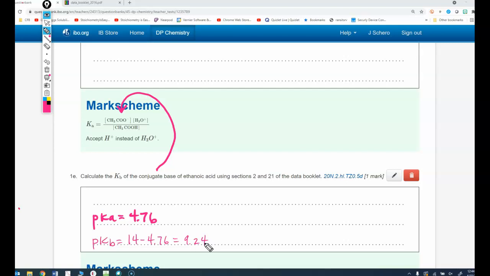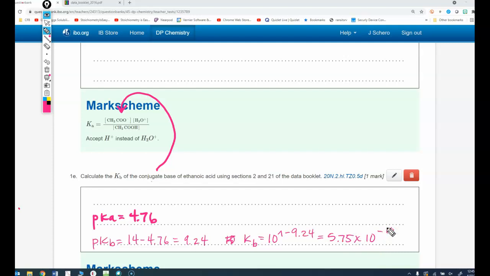Then we can find the Kb by taking 10 raised to the negative pKb, in this case 9.24. When we do that math, 10 raised to the negative 9.24, we get 5.75 times 10 to the negative 10.